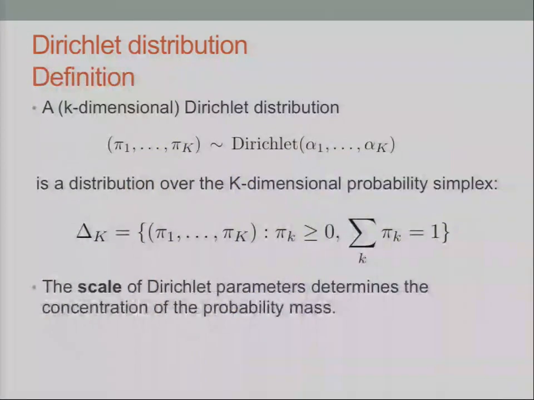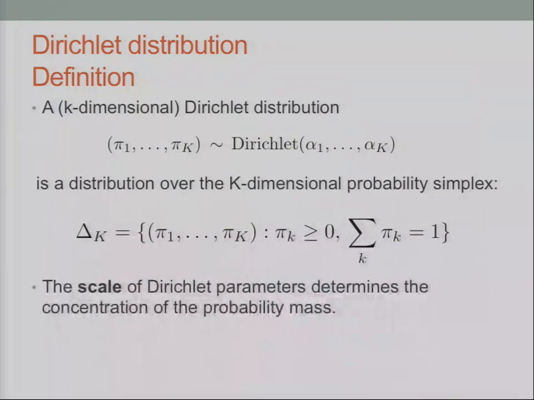The k-dimensional Dirichlet distribution, we write like this, is the Dirichlet distribution with parameters alpha 1 to alpha k, over this k-dimensional vector, pi 1 to pi k. We denote the distribution like this, and the distribution is defined like this.